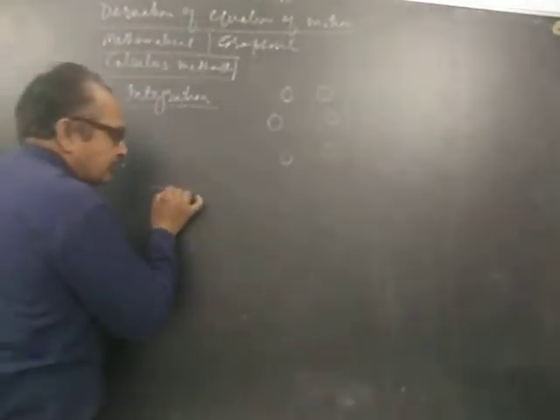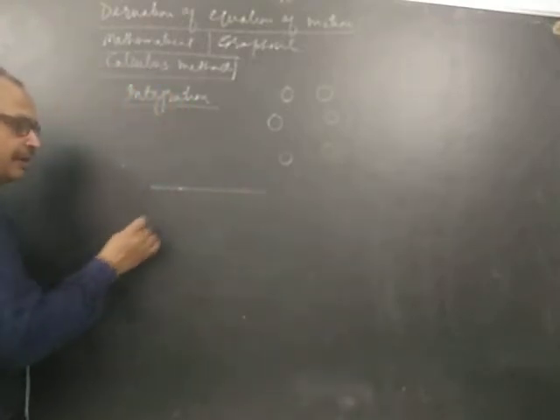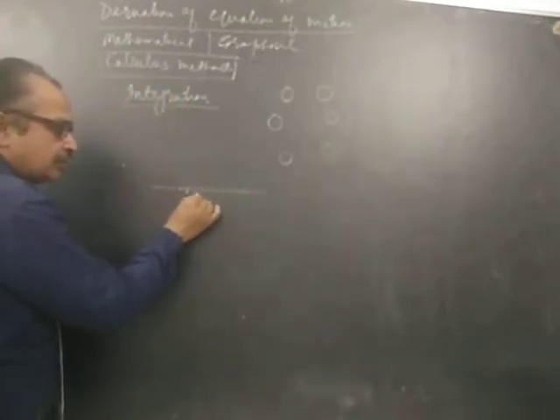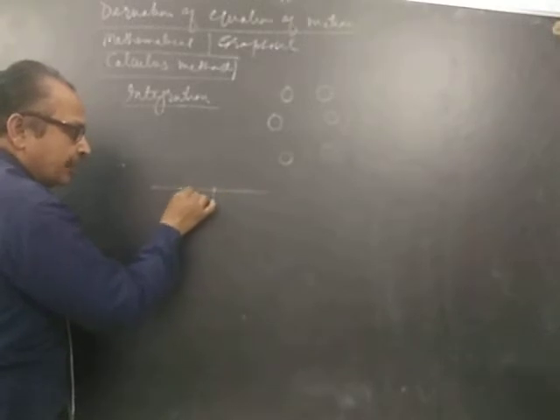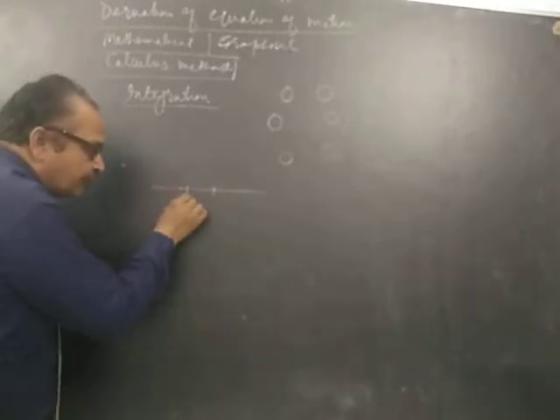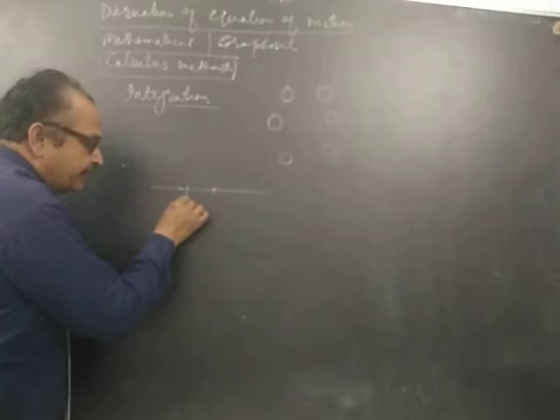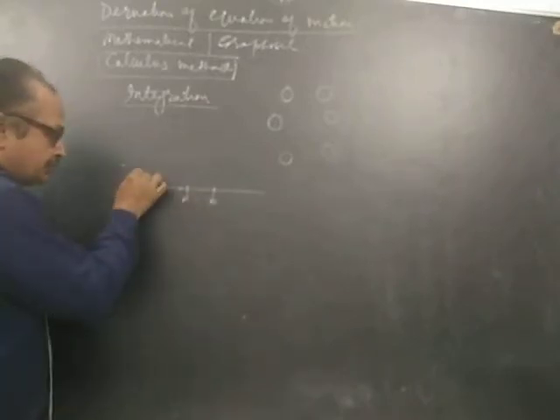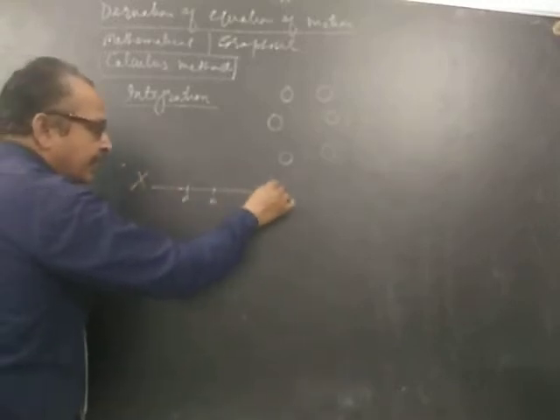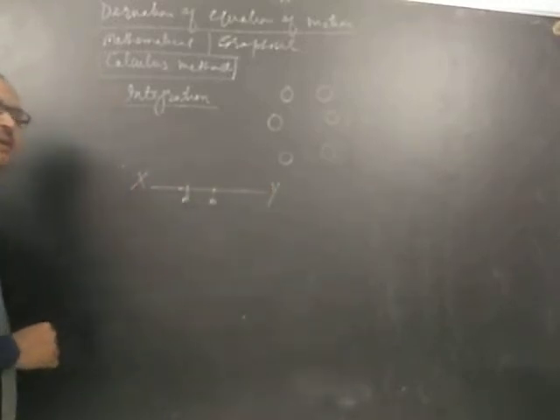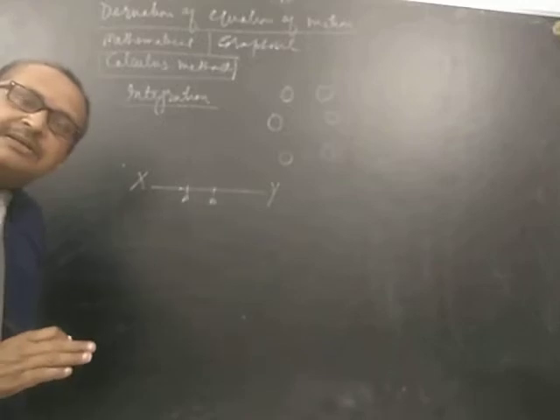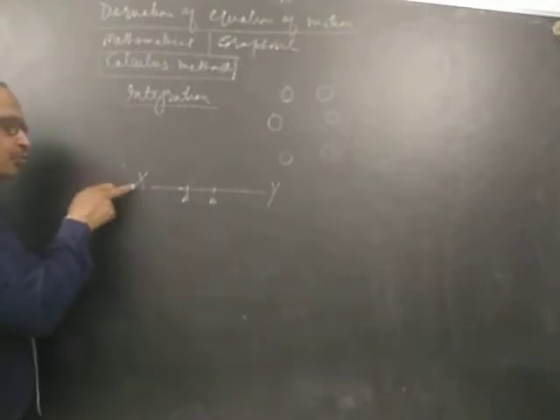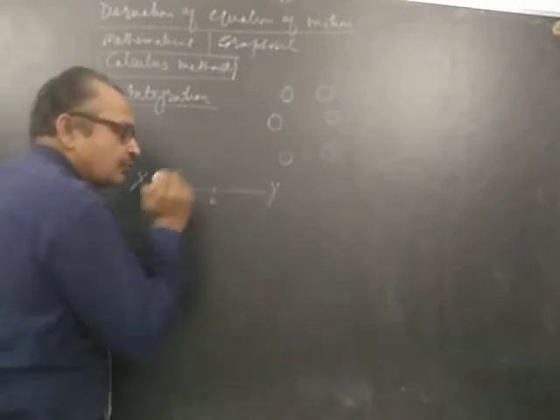Suppose there is a particle which is moving from this point to this point, let us say A to B. But this particle wants to go from X to Y. Is it clear? The body wants to move from X to Y.